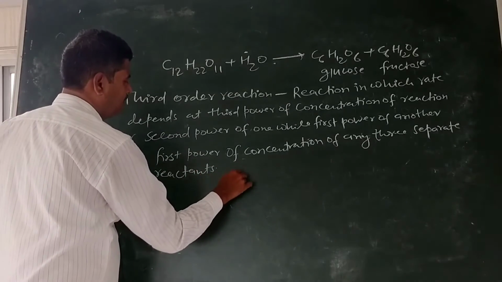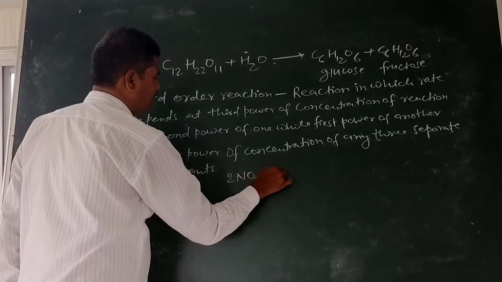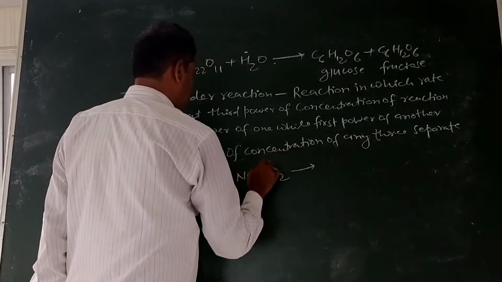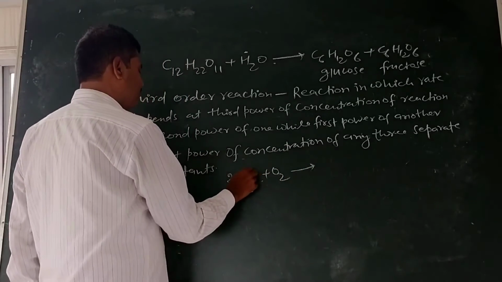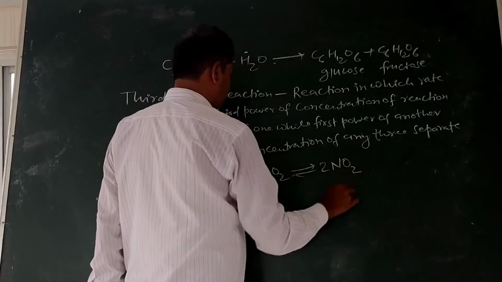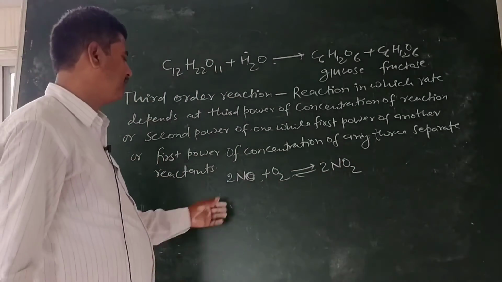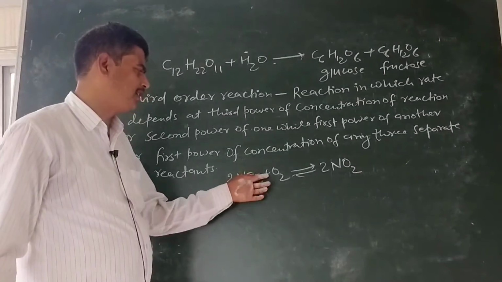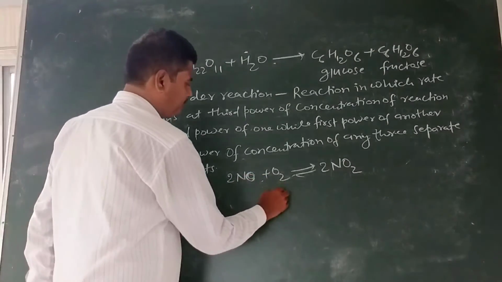For example, 2NO plus O2 gives 2NO2. The rate depends on the second power of NO and first power of O2.